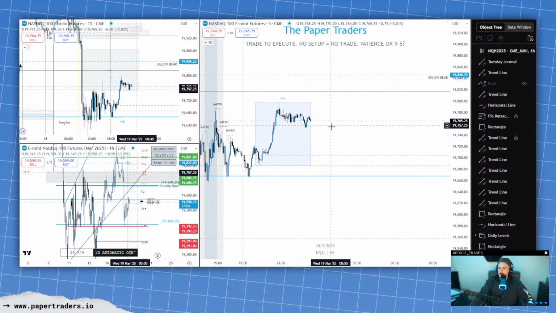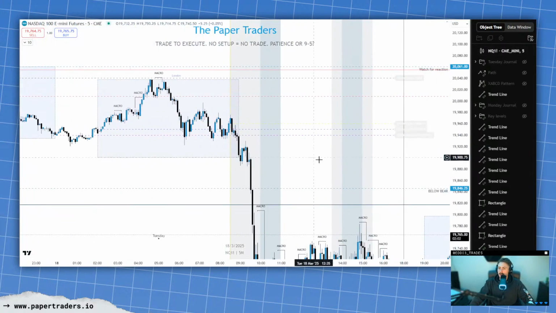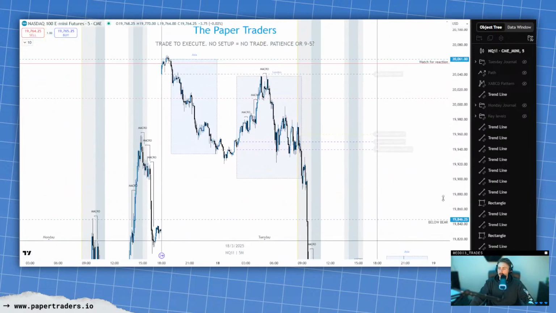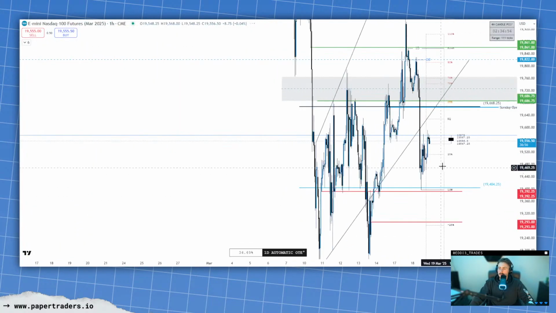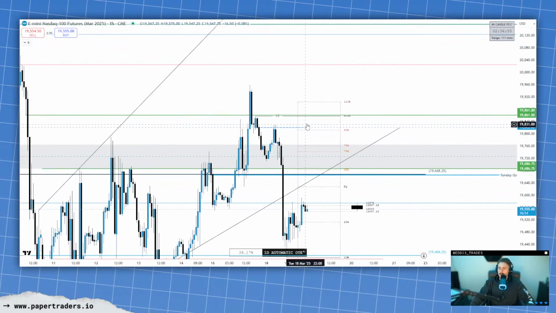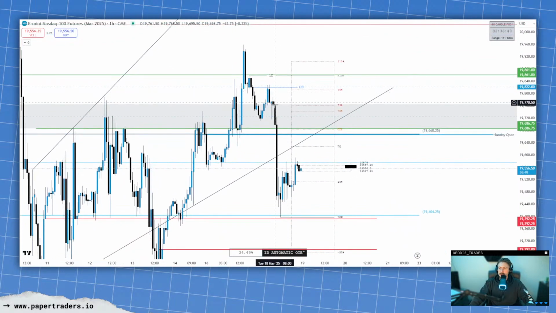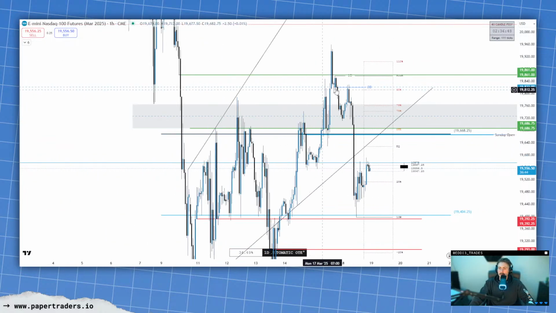Okay, so what did we do on the day? We honestly took some shorts overnight. We had this beautiful OB over here. We came into it overnight and started to come back down. That was because we were playing if-then, right?